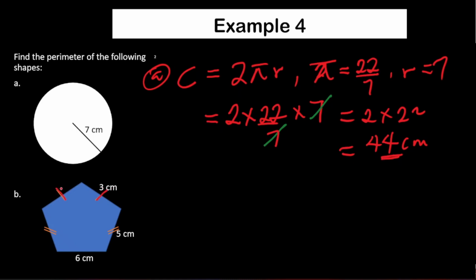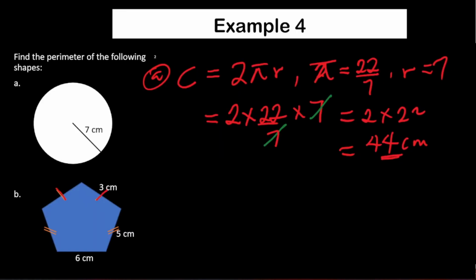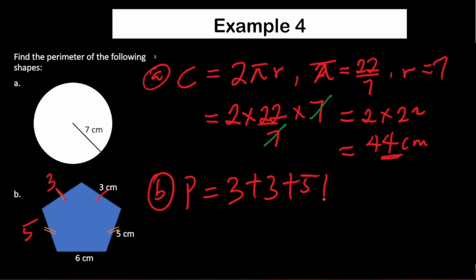That means that this other side is also 3 centimeters. And this one is what? 5 centimeters. I hope I'm making sense. So to now get the perimeter of this shape, it may be 3 plus 3 plus 5 plus 5 plus 6.